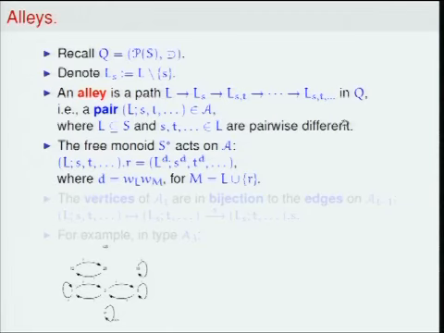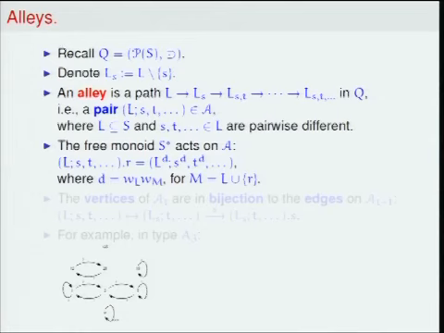The action of the free monoid on the set of subsets can then be extended to an action of the free monoid on all paths by simply applying this explicit conjugating element D, which is an element of the Coxeter group, to all the ingredients that are necessary to write down an alley.